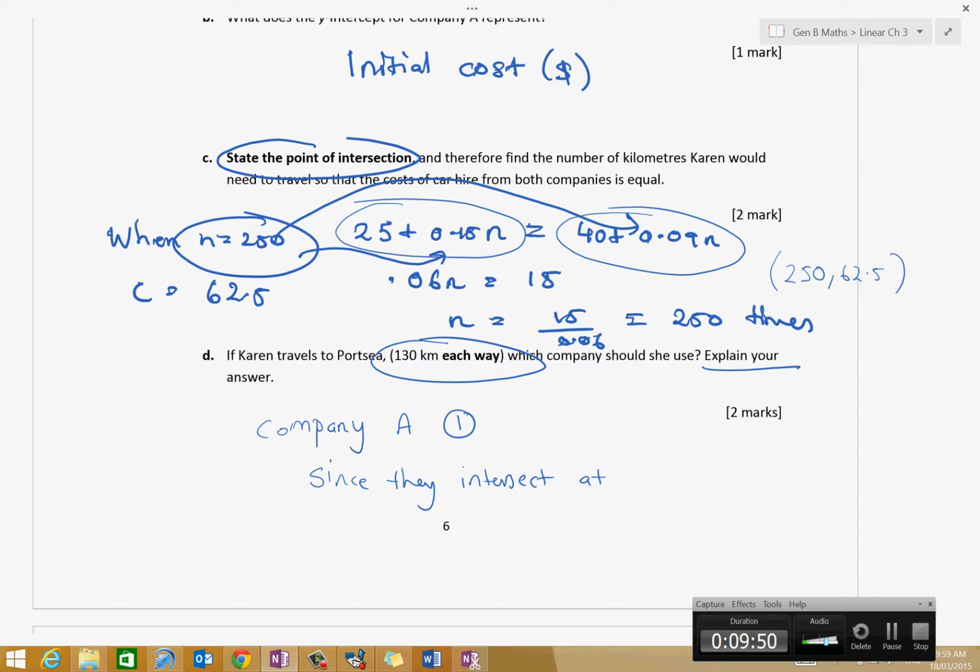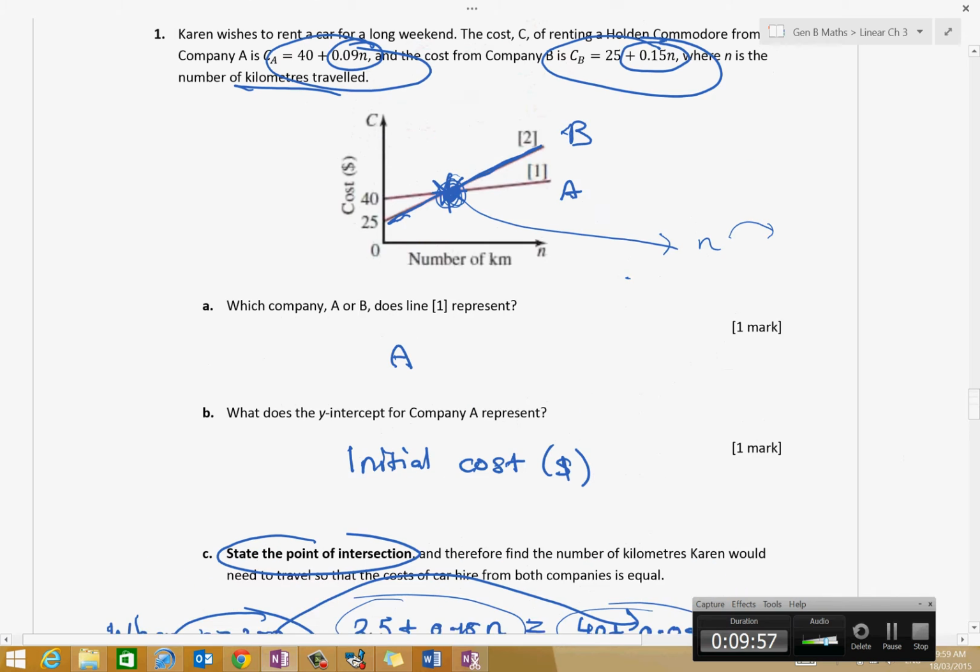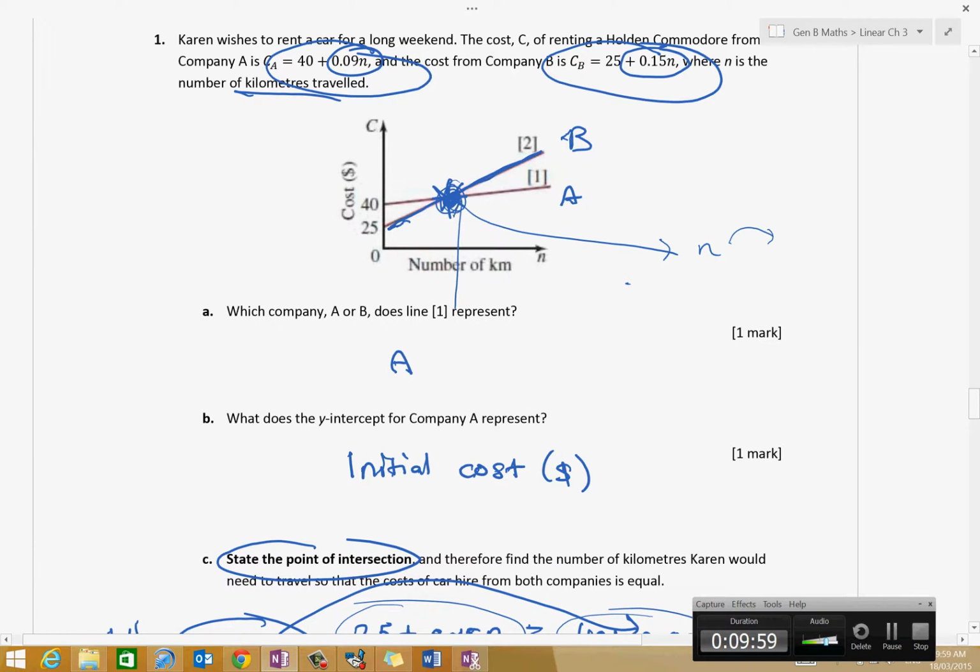B would be cheaper because 240 kilometres is less than 250. Can you see that? So this intersection here, this point is, what's that? 250 kilometres. So once after they've driven 250 kilometres, then suddenly the other one becomes cheaper. This one becomes cheaper. All right.